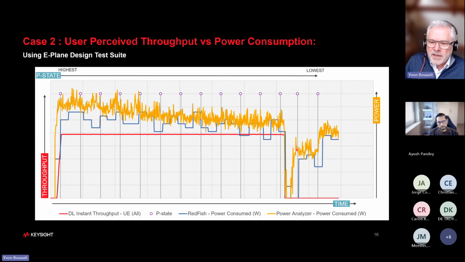In our particular case here, all the processing stopped and the throughput dropped to zero immediately. So that is not what was expected. We know that in this particular case, the P state should go up to somewhere here maximum, so we should configure the software in context with that.